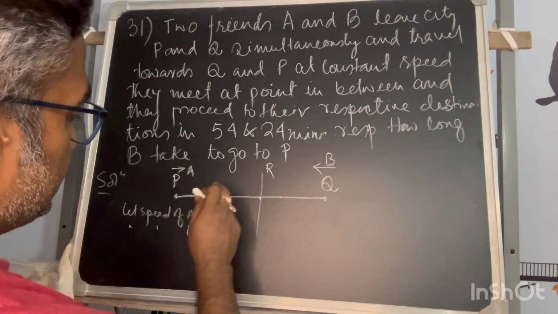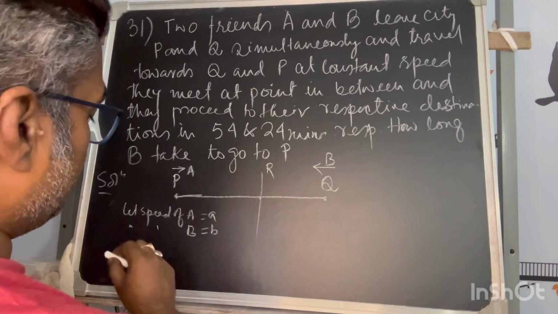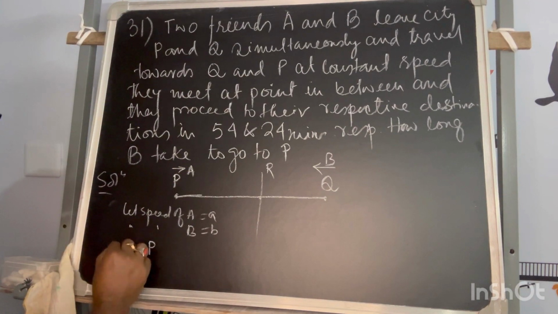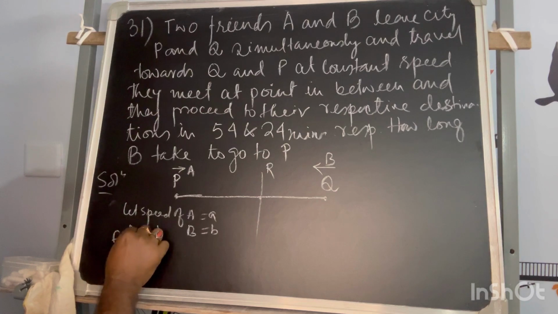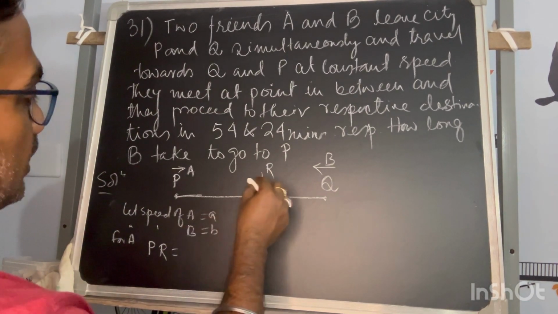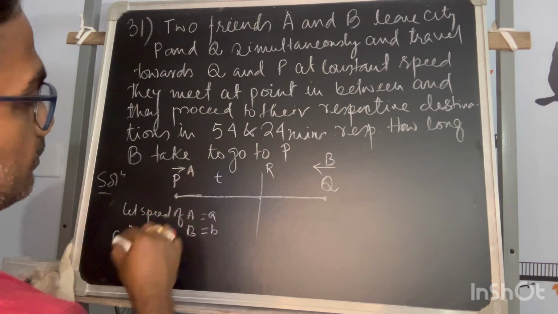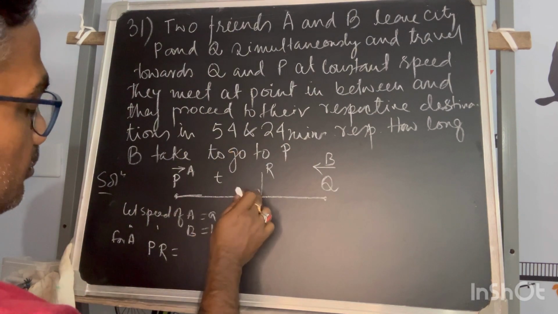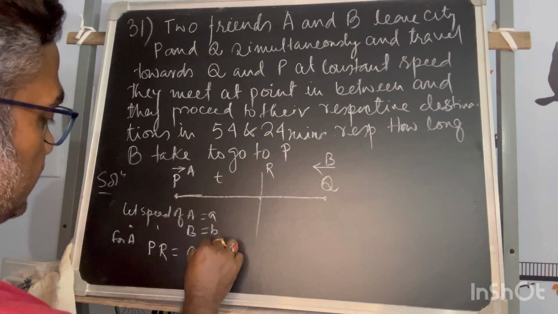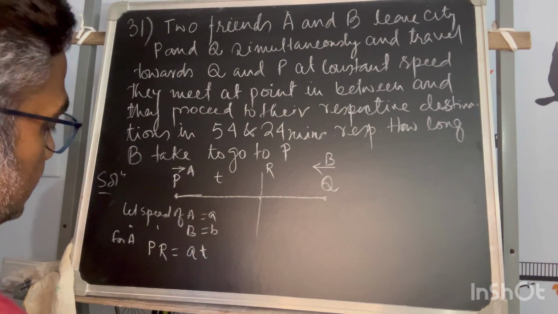So for the first case, before they meet, the distance they traveled for A, PR, is equal to, I'm assuming that after T time they will meet, speed into T. This will be the case.